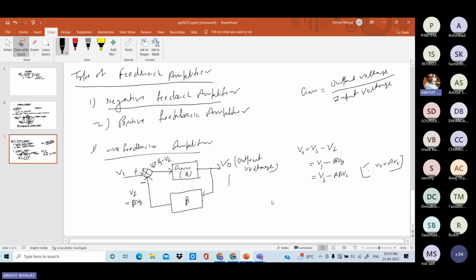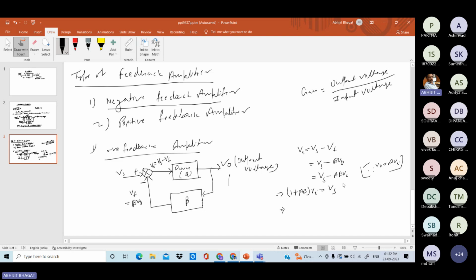अब जो Vi है उसको इस साइड लेके चले आओ. So you will get 1 plus A beta into Vi equals Vs. Wait a second, wait a second. हम लोग को निकालना है V0 by Vs. यहाँ थोड़ा चेंज होगा.